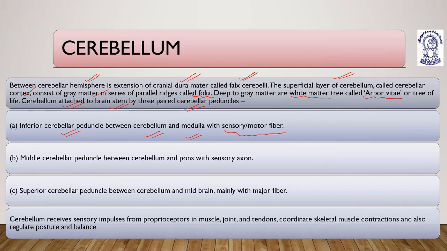The middle cerebellar peduncle lies between cerebellum and pons, with sensory axons. The superior cerebellar peduncle lies between cerebellum and midbrain, mainly with motor fibers.